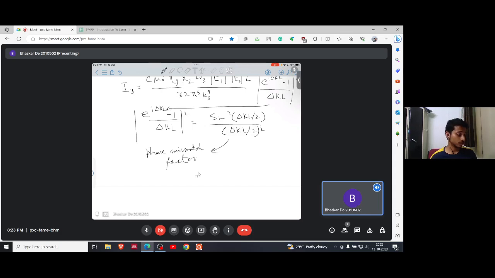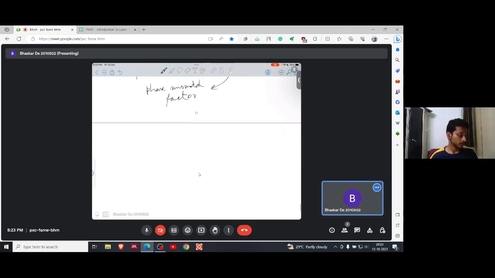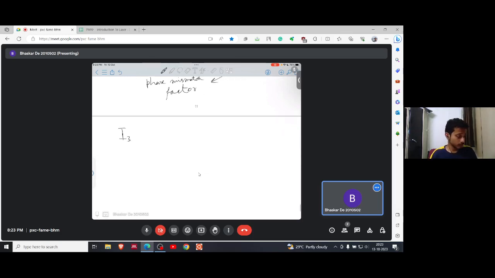Now converting the amplitude factors into intensities and converting the frequencies to wavelengths leads to the expression C mu naught to the power 4 chi2 square I1 I2 L square over 2 pi eta1 eta2 eta3 lambda3 square, times sine square of delta kL by 2 over delta kL by 2, whole square.